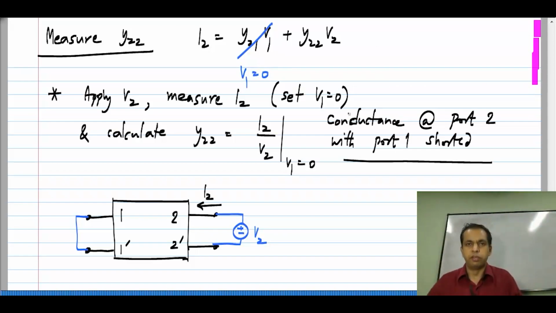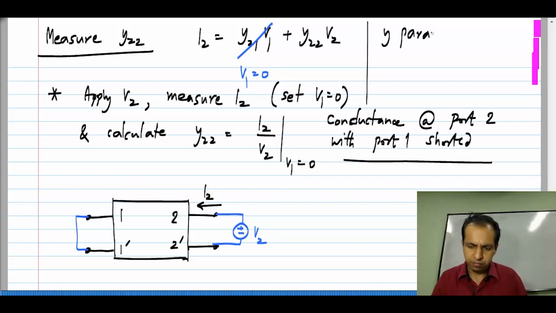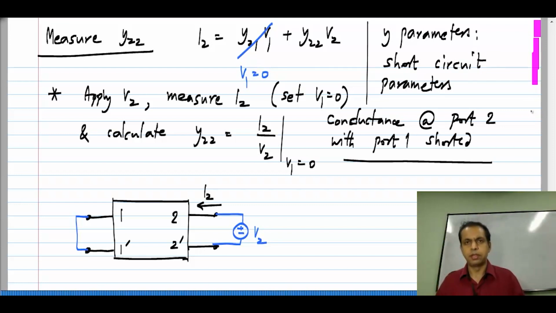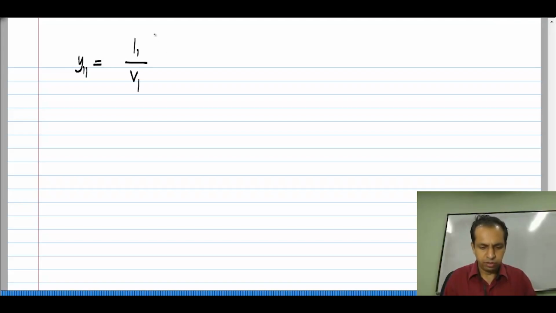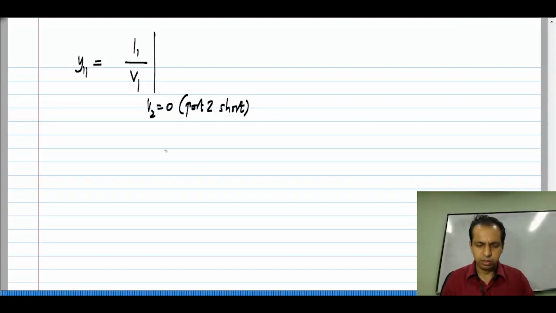Now, because the measurement of Y parameters involves shorting of the ports, Y parameters are also known as short circuit parameters. Okay. So, to summarize, Y11 is I1 by V1. Remember, the second subscript goes here and the first one goes over there. With V2 equal to 0, meaning port 2 is shorted.